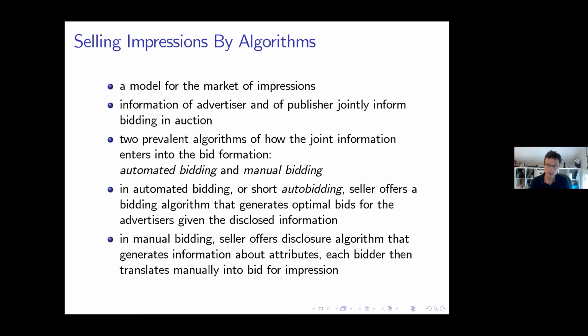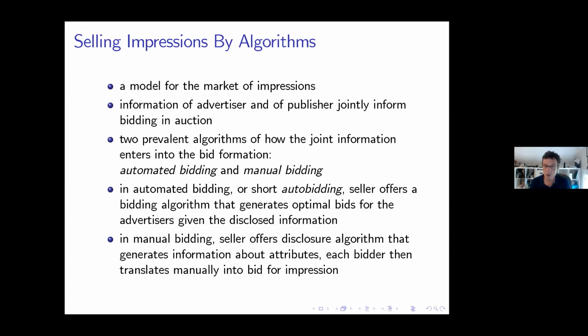In manual bidding, we actually have a second set of constraints, namely after the initial revelation of information about attributes, the bidder then receives a bid recommendation and can then choose to adopt or not adopt this bid recommendation. So in that sense, we have a second set of constraints, often referred to as obedience constraints, and that will make, of course, the problem of designing the optimal algorithm much harder.